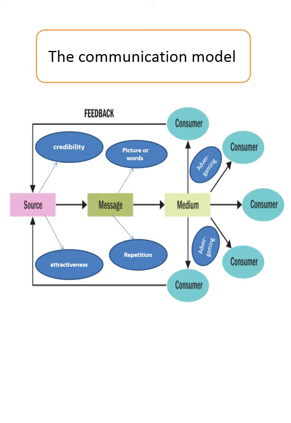And the other point is the nature of the product. If the product is complex, if the product has a high performance risk, like vacuum cleaner or medicine and stuff like that, the marketer has to focus more on the credibility. The marketer has to use expertise to explain the product for the customer.